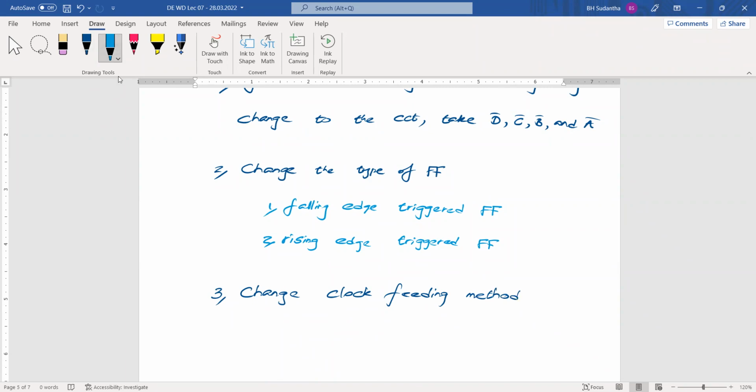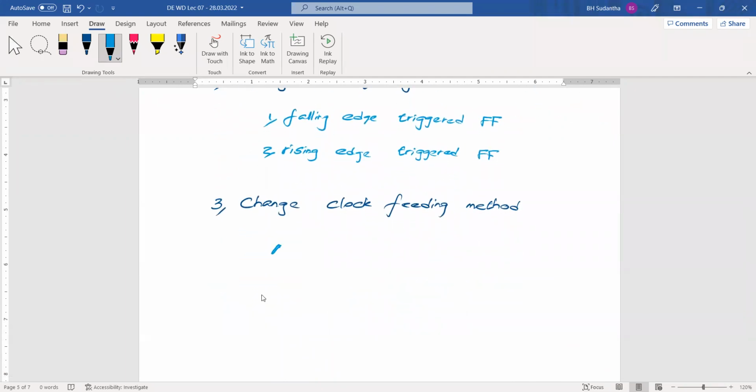In this case, you have given A to clock, B to clock like that. But change this one, A bar to clock, B bar to clock like this.